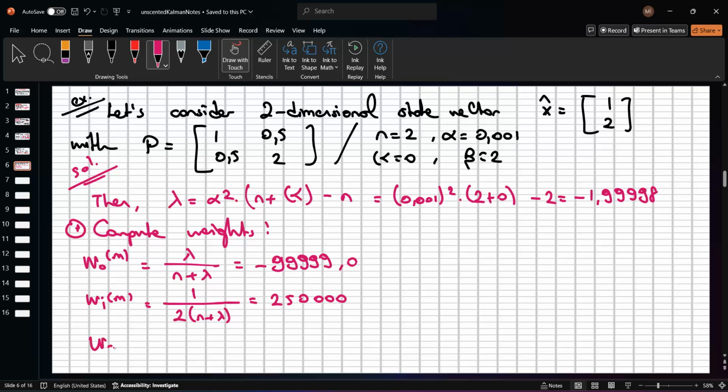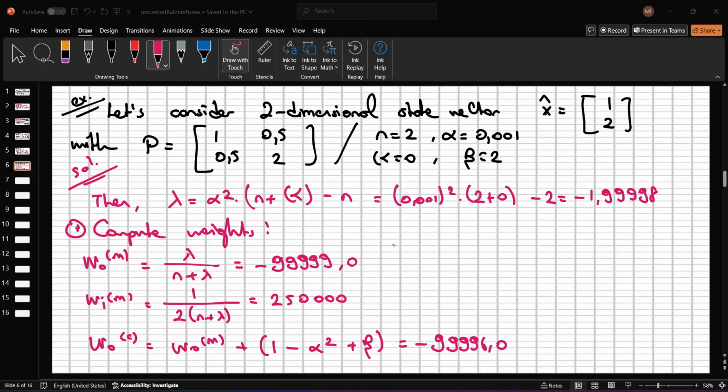And also we need to compute the W0c value, which is equal to W0m plus 1 minus alpha squared plus beta, which is equal to minus 999996.